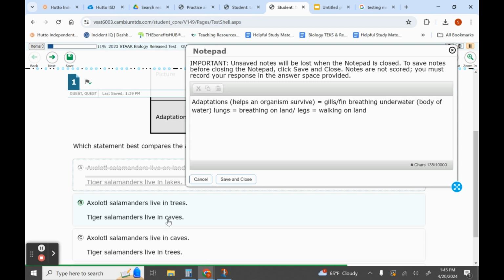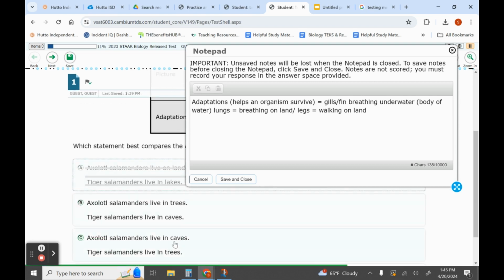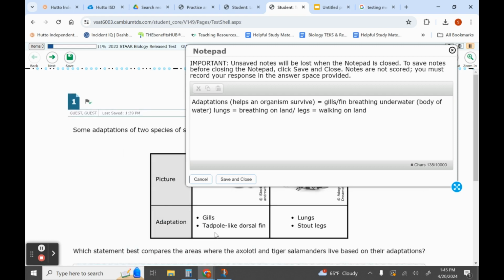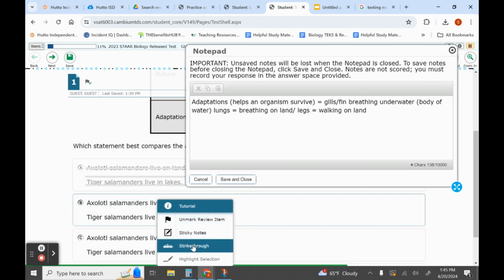Its caves are on land. They have lungs and stout legs. They could possibly do that. But it also says the axolotl lives in trees. Well, their adaptation, the gills and the fin, really don't help it do anything in a tree. They wouldn't be able to survive there. So I'm going to go ahead and mark that through.